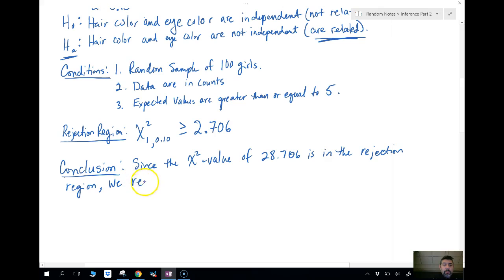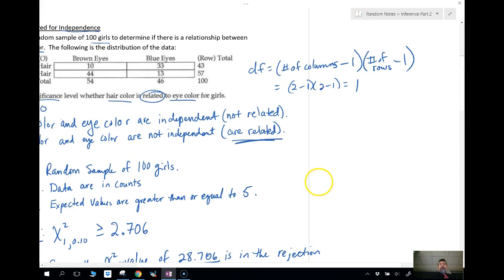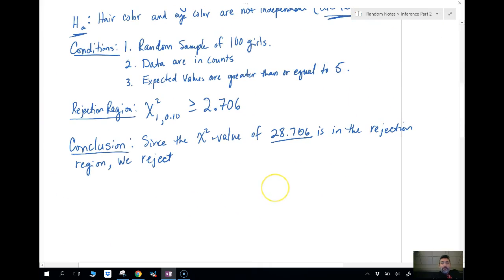We don't have to solve to get the 28.706. Or is that given? This right here, you do not have to solve. There's no math involved in this one. Yeah, the most math you have to do for this problem is right here. We reject the null.